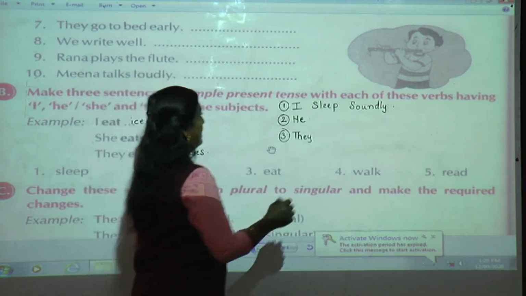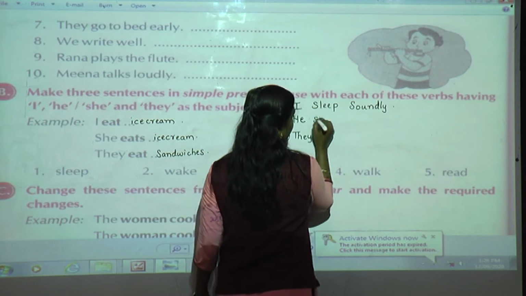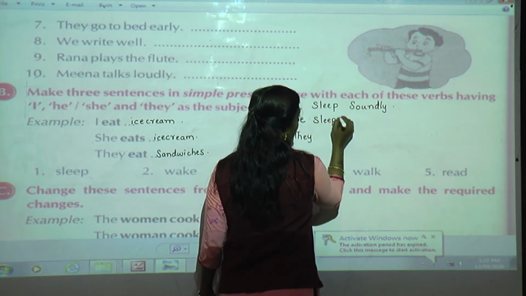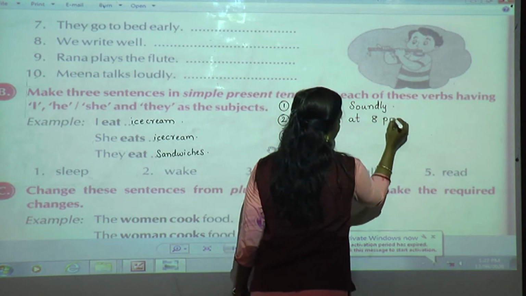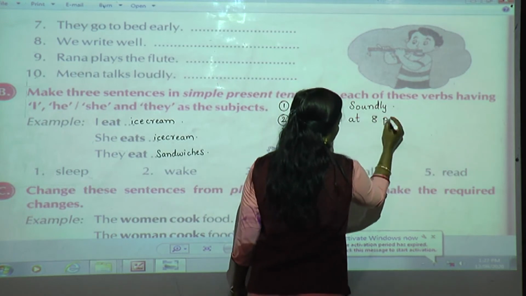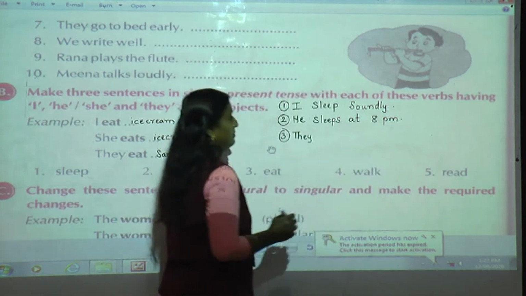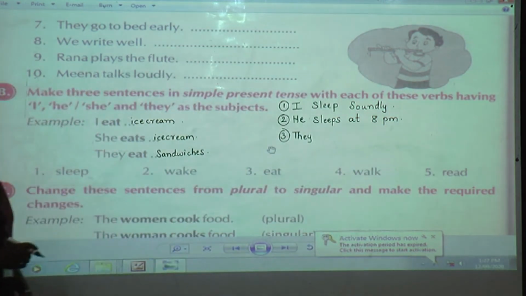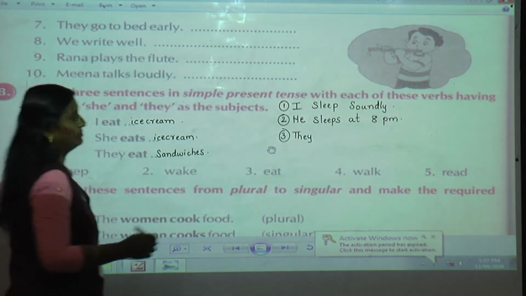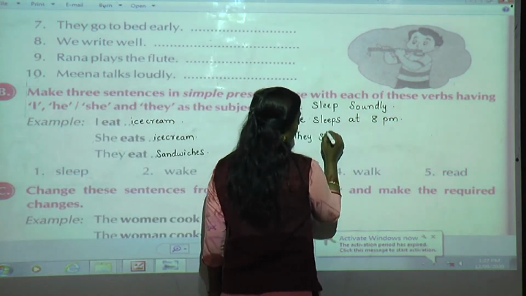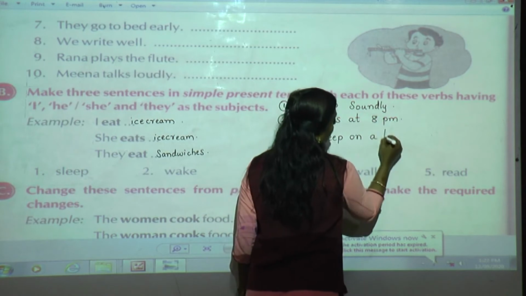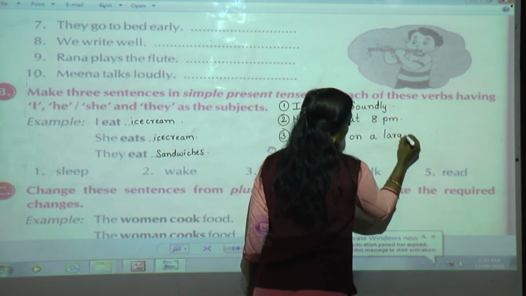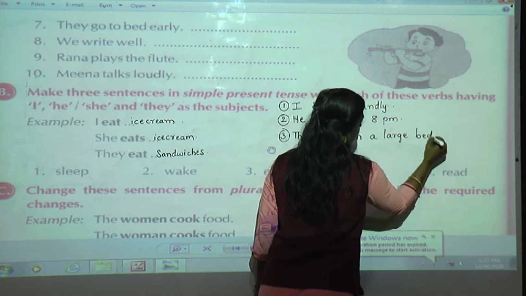He sleeps at 8 p.m. They sleep on a large bed.